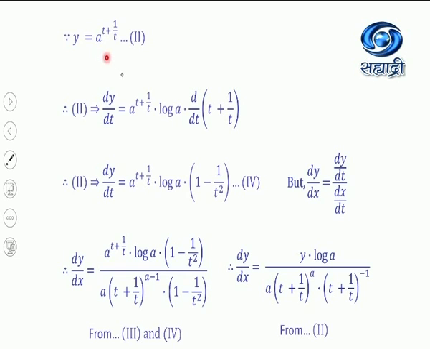Equation 2 represents the value: a to the power t plus 1 upon t equal to y. So we write here y into log a. This gets cancelled upon a into bracket raised to a minus 1. Now this bracket raised to a minus 1 can be written as bracket raised to a into bracket raised to minus 1. You know very well, a raised to m plus n is a raised to m into a raised to n. By using the same thing, we write this. Now from equation 2 we substitute the value of this as y here.